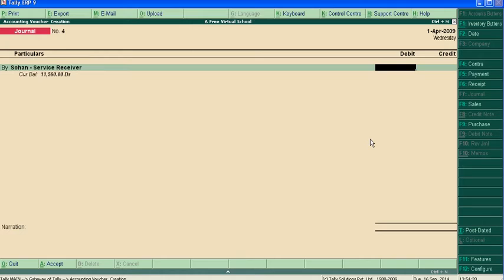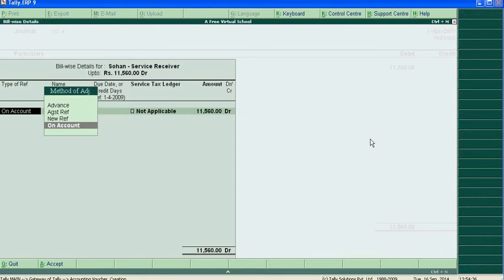If we provide 10,000 of service, we have to get 11,560. 1200 is service tax, 240 is education cess, and 120 is special cess.